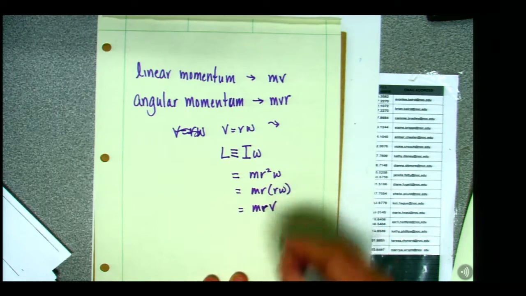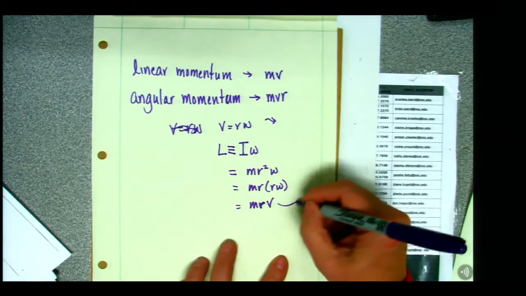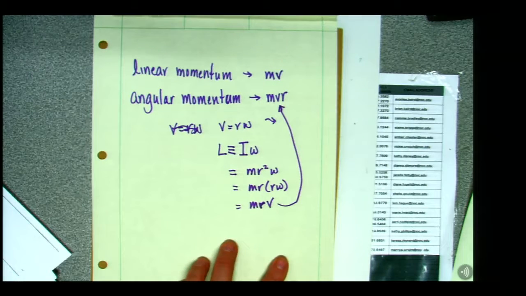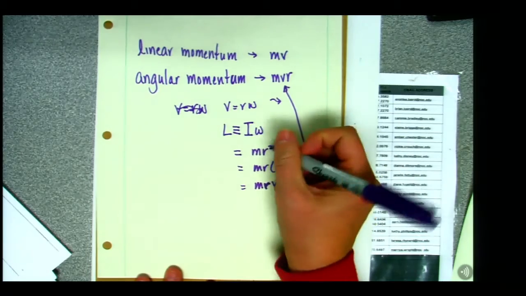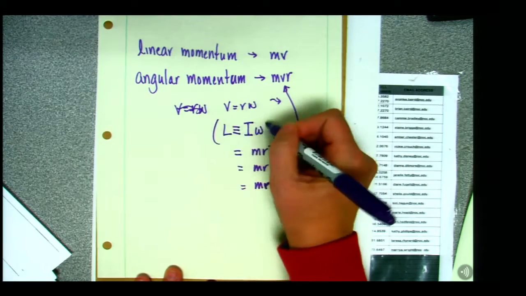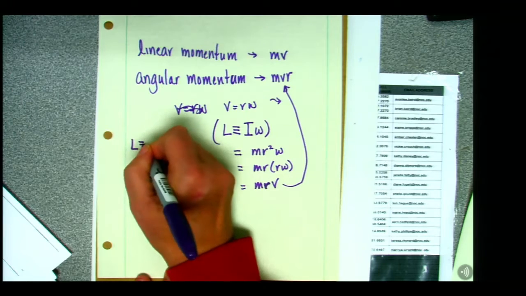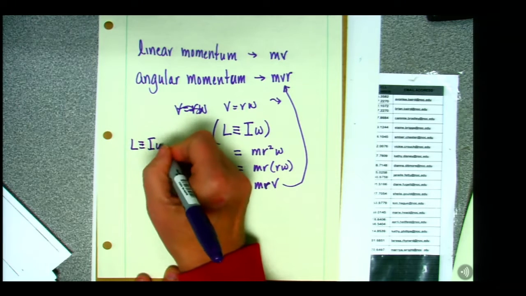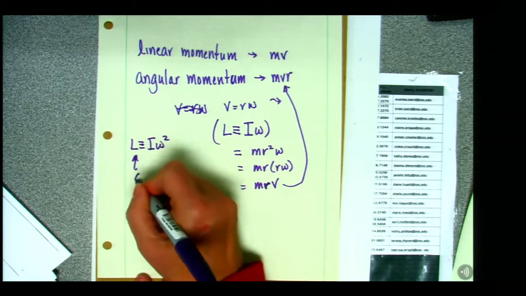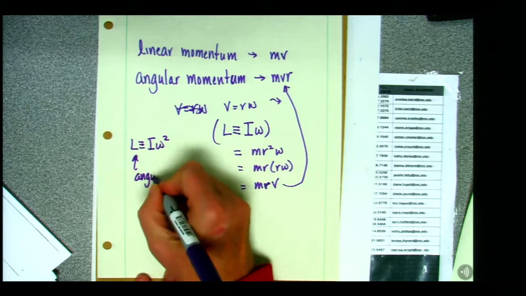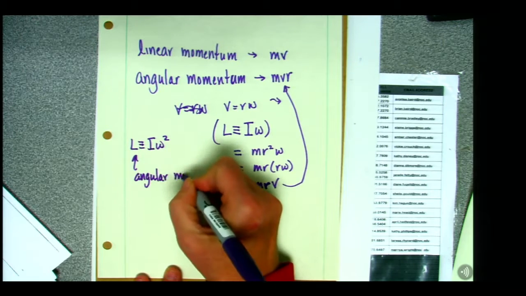It's an R and that's a V. That's how you can go from here to there. So we have a couple of ways of writing it out. But we actually define this, and so we use L equals I omega as angular momentum.